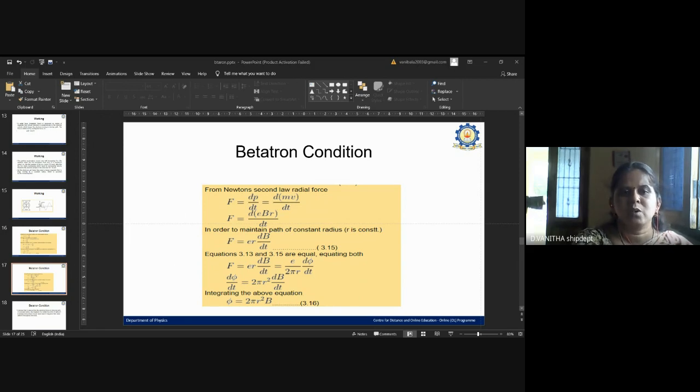From this we can calculate the number of revolutions taken by the electron, which is equal to C by 4 pi omega r. So the number of revolutions also depends upon the velocity of the electrons. From this we can calculate the average energy gained per revolution, which is equal to the total energy gained by an electron divided by the number of revolutions taken.